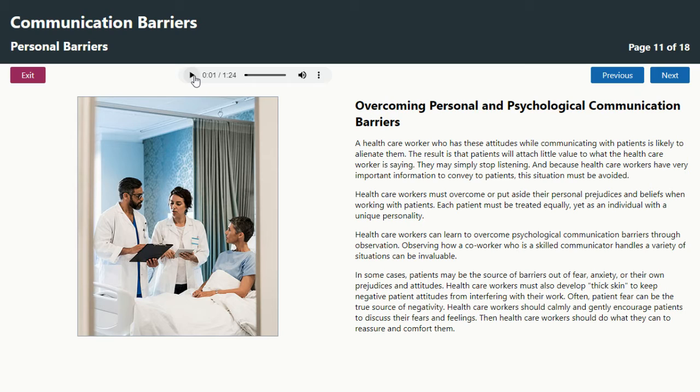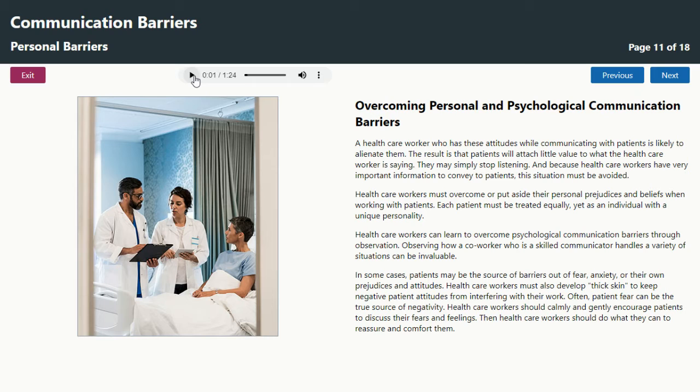The result is that patients will attach little value to what the healthcare worker is saying. They may simply stop listening, and because healthcare workers have very important information to convey to patients, this situation must be avoided. Healthcare workers must overcome or put aside their personal prejudices and beliefs when working with patients. Each patient must be treated equally, yet as an individual with a unique personality.